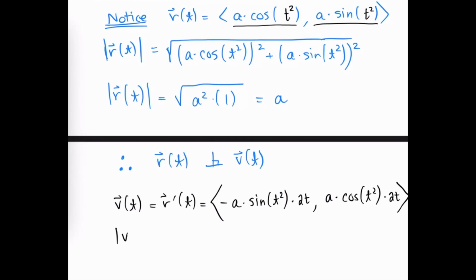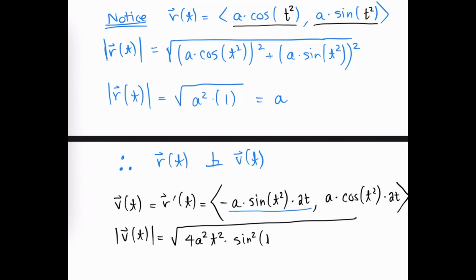So now let's look at the magnitude of this velocity vector. When we square the components and add them together, we get this component squared is going to be 4a squared t squared times sine squared of t squared. All of that stuff has been squared. And then we'll add that to the square of this component.